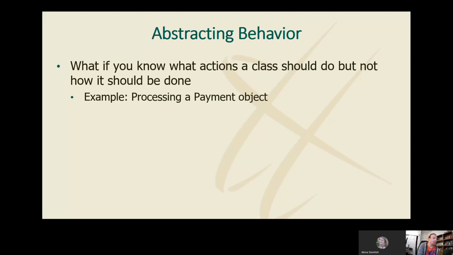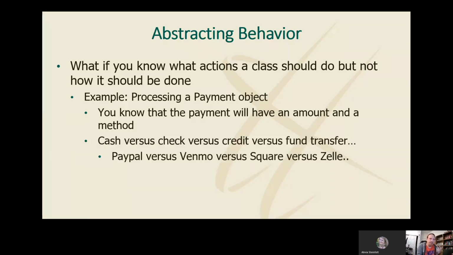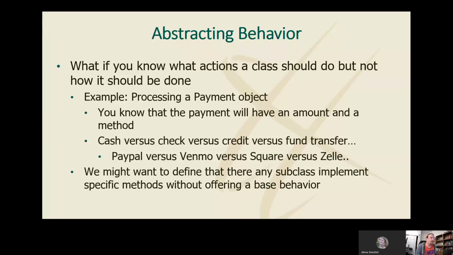So we can come through and we can see that we're going to have a payment, right, with an amount and a method and all this stuff, right? And we went through this. So we're going to implement certain specific methods without offering a behavior, right?